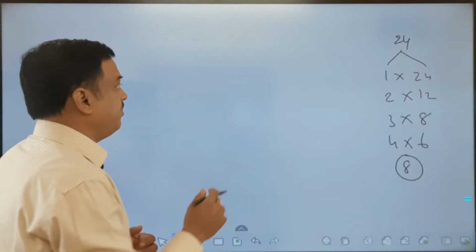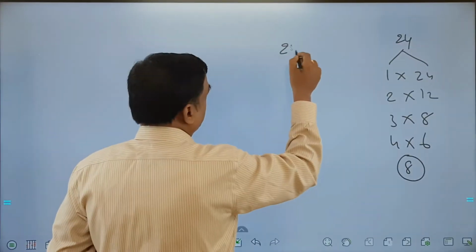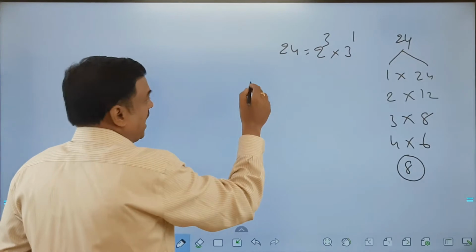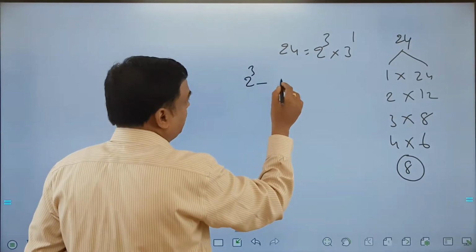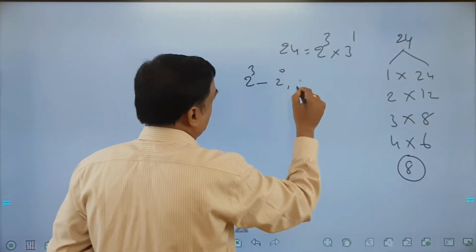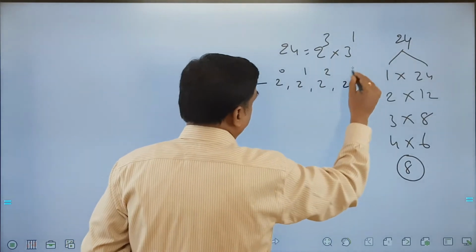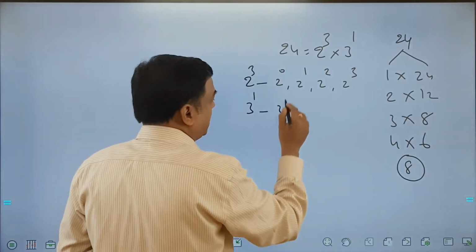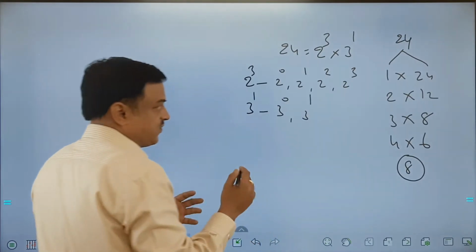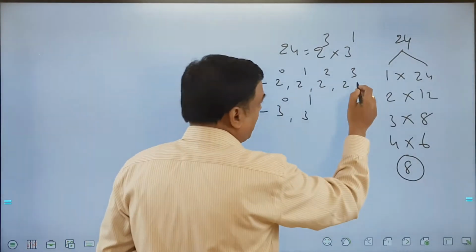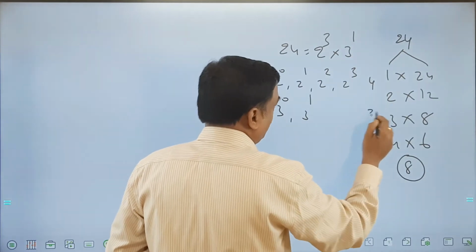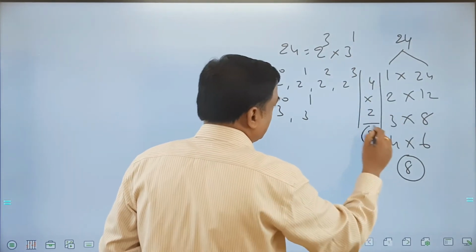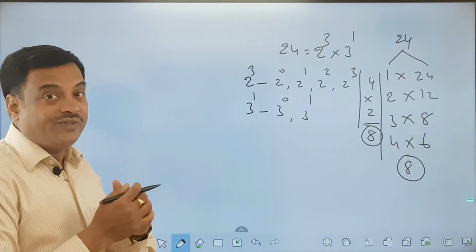I gave an alternate method, if you remember. 24 can be written as 2 to the power of 3 into 3 to the power of 1. 2 power 3 gives factors 2 power 0, 2 power 1, 2 power 2, 2 power 3, and 3 power 1 gives factors 3 power 0, 3 power 1. So here we got 4 factors and here 2 factors. Ultimately 4 into 2, 8 factors are there for 24. This is what we have learned.